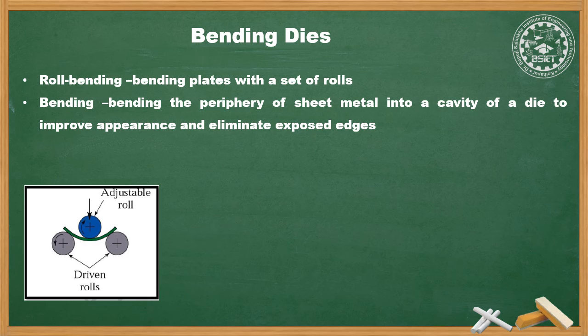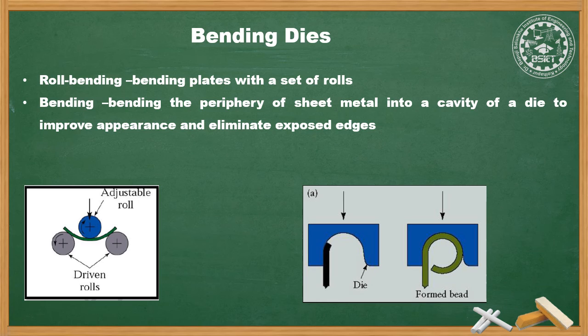As shown in the figure, in this process, the edge of the sheet is bent into the circular or contour shape of the die itself or formed into a curl using one die or a pair of dies. Beading of the ends of the sheet improves its stiffness by enhancing its moment of inertia at the edges.